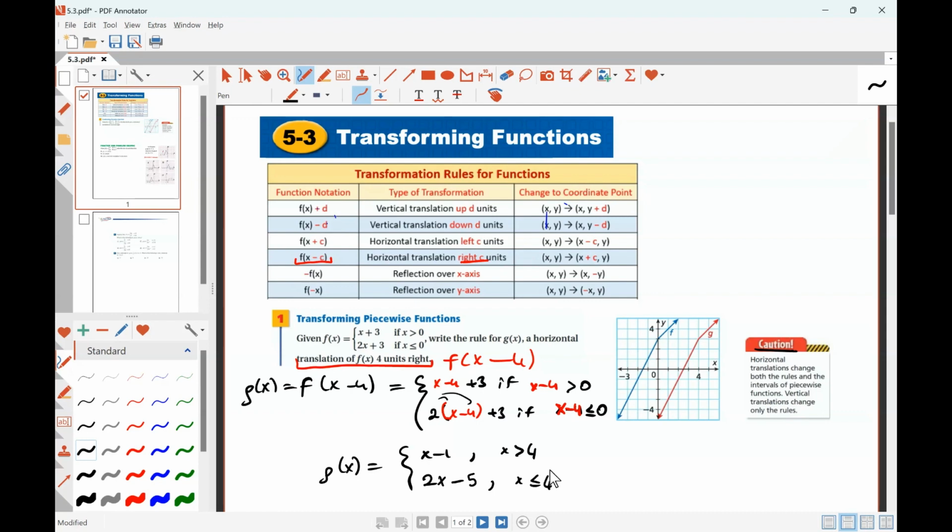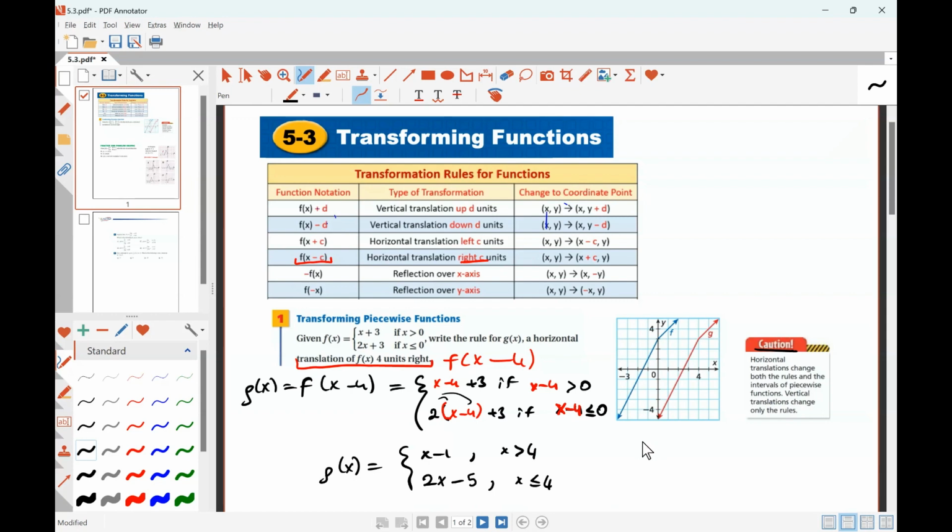You may be asked to graph the new function. There are two ways of graphing the new function. You can either graph this g of x right away by using the methods that we studied in the previous lesson: making a table, plotting the points, and connecting the points.